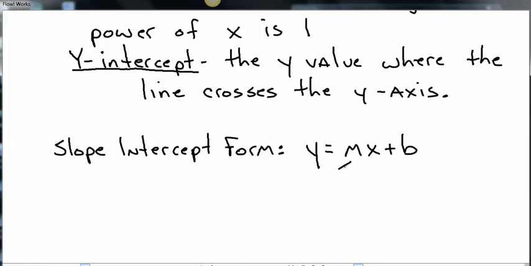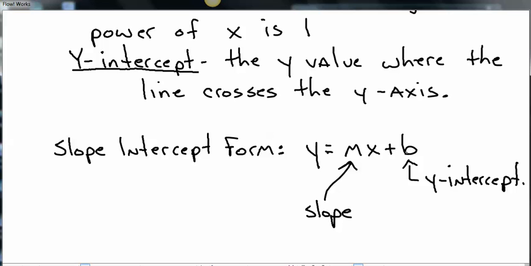The m is the slope of the line. Whatever's in the position of the m, meaning between the equal sign and the x, that's the slope of the line. Whatever's after the x, in the position of the b, that's your y-intercept. That is where the line touches the y-axis.